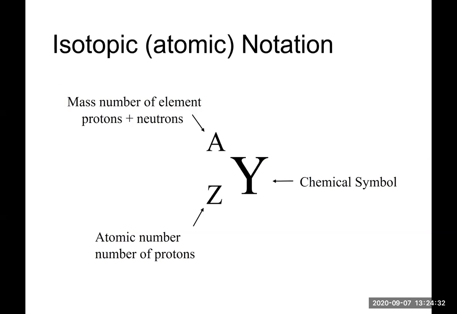We can use isotopic notation to depict how a particular isotope is going to appear, what the atomic number is, what the mass number is, and we can calculate how many neutrons that particular isotope has, given the mass number and obtaining the atomic number from the periodic table.